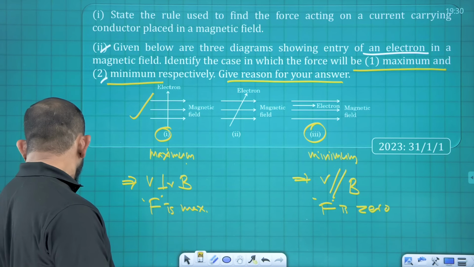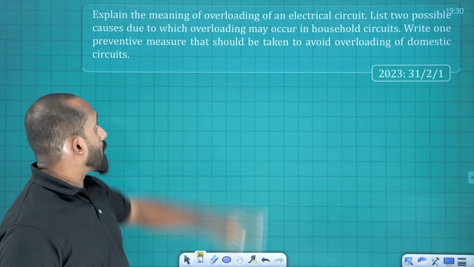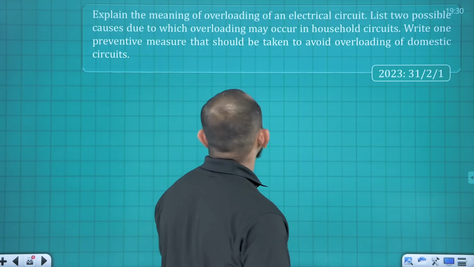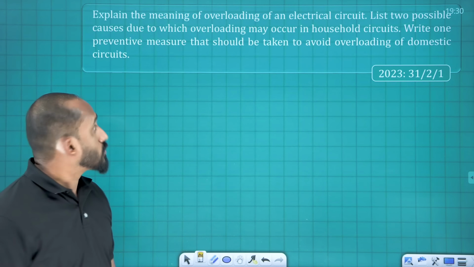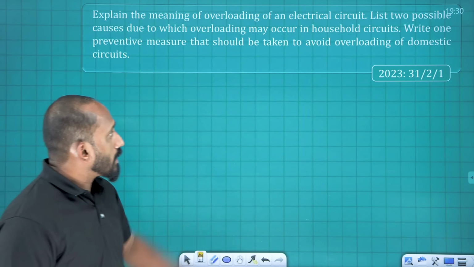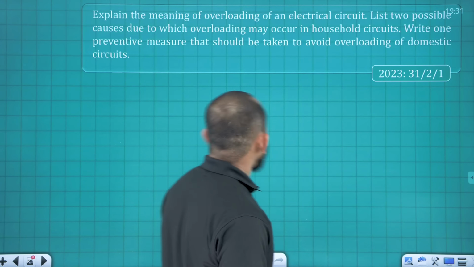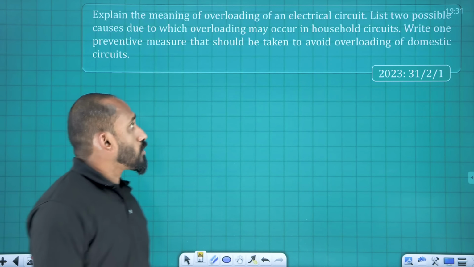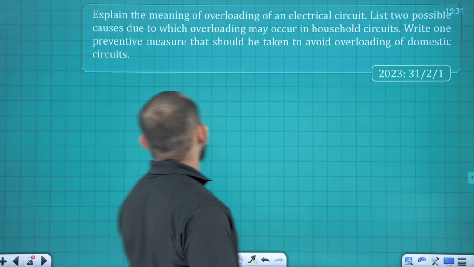Next question, let's see. Explain the meaning of overloading of an electric circuit. List 2 possible causes due to which overloading may occur in household circuits. Write 1 preventive measure that should be taken to avoid overloading of domestic circuits.